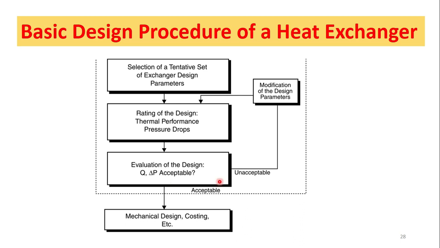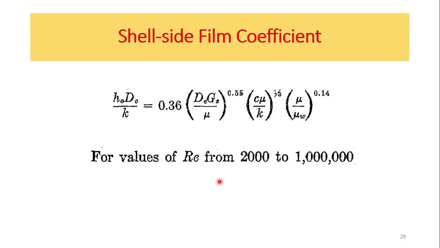The next are some correlations for the determination of the shell side film coefficient. This is one of the famous correlations used for determining the shell side coefficient, h0. First we have to determine the Reynolds number.